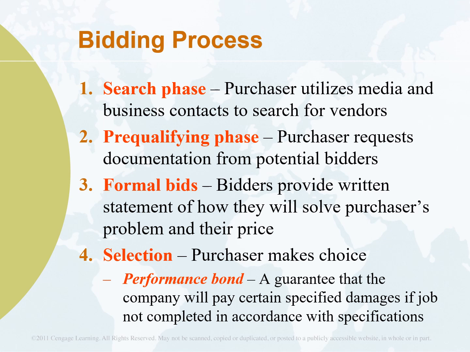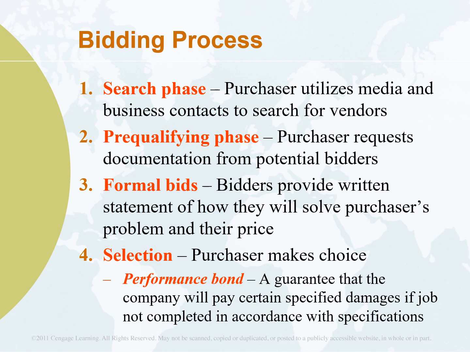The purchaser utilizes the media and business contacts to search for a possible vendor that can offer the product you're buying. The second stage is to pre-qualify your vendors. The purchaser requests documentation from potential bidders to pre-qualify them. The ones that were not qualified will not be invited.